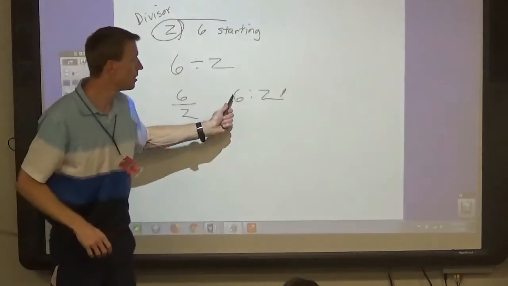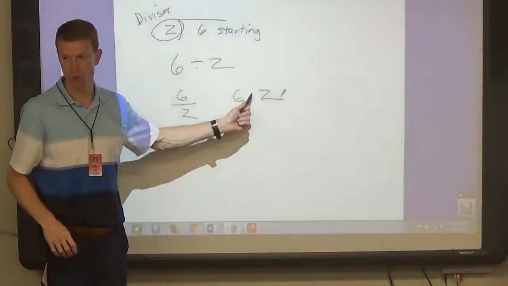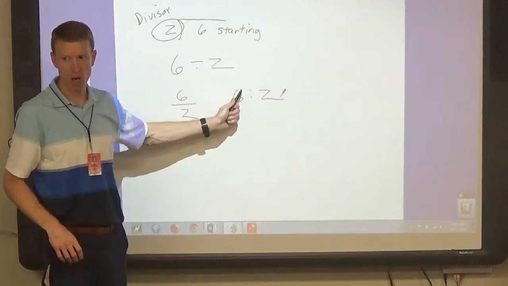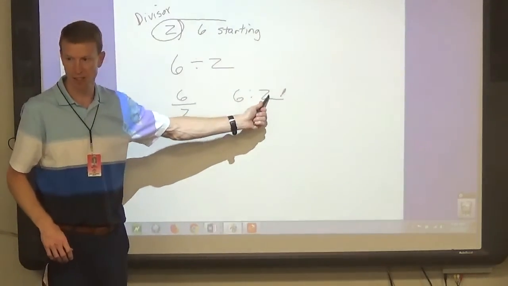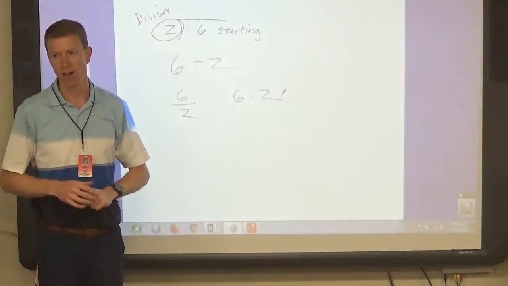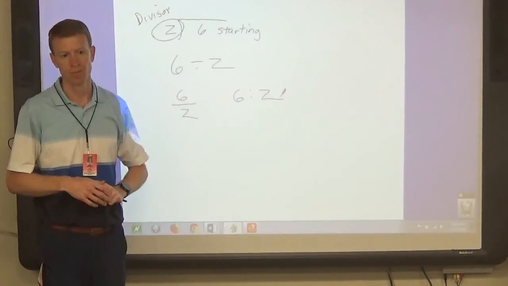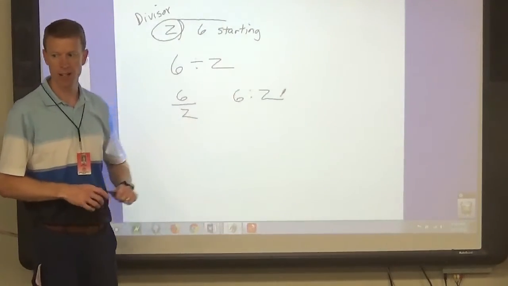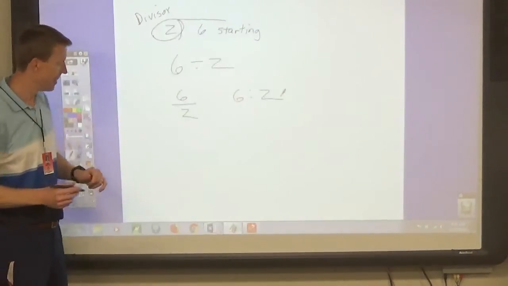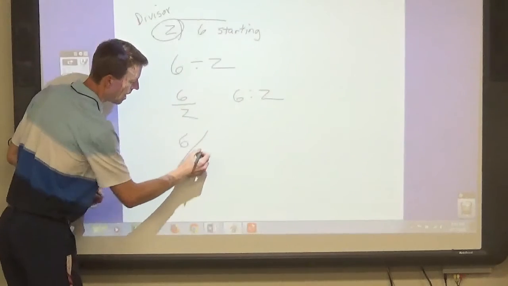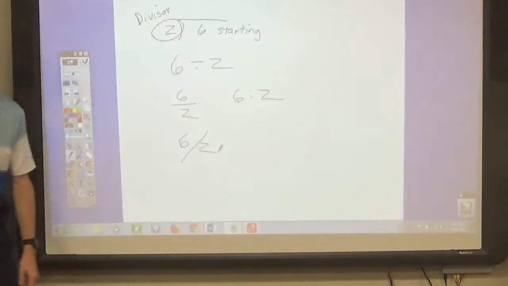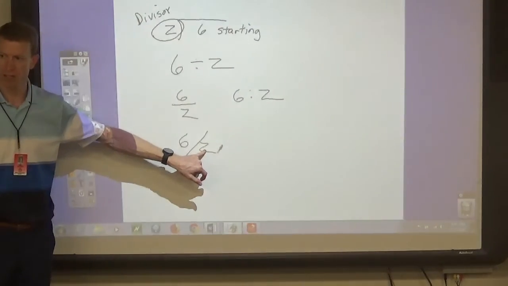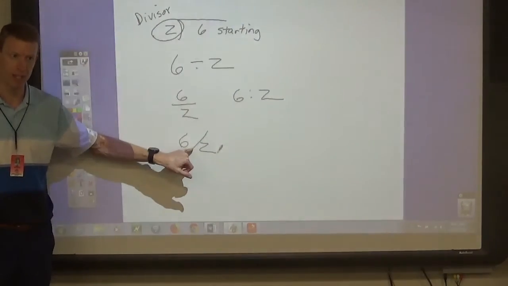What this does is it specifically compares these two amounts when it's written this way. So 6 parts of something compared to z parts of another thing. So this is specifically used for comparison. But the slash, 6/z, that could also mean division. So you might see it this way. This means division, okay?